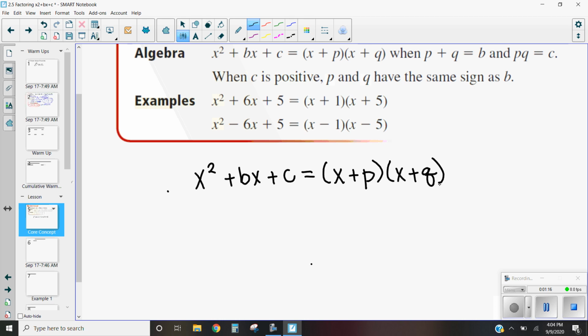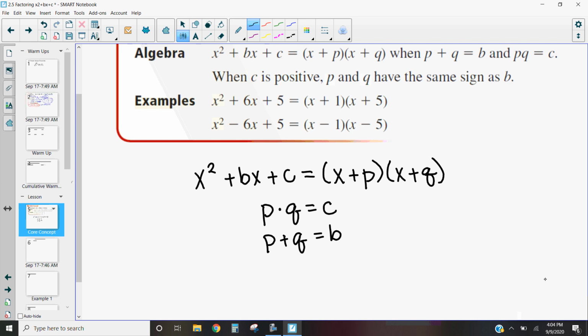And what those p and q do is they follow a really unique pattern. P times q is going to equal our c value, and p plus q is actually going to equal our b value.